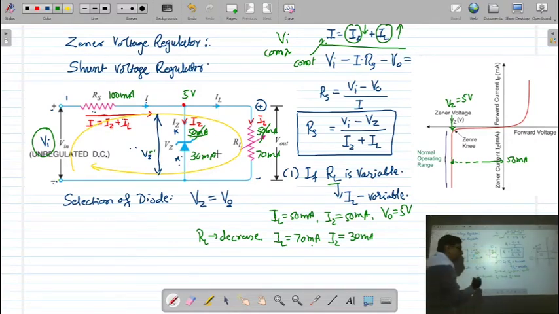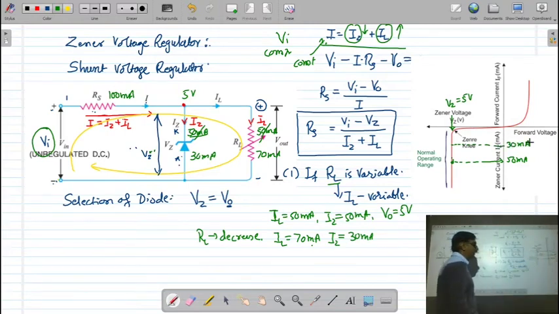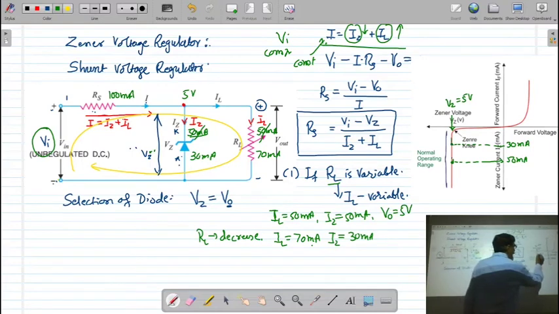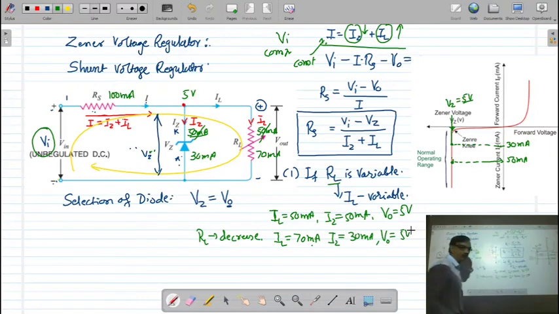Now look at this characteristic. If the Zener current is 30 milliampere, then again the voltage is 5 volt, which means the output voltage is again 5 volt.